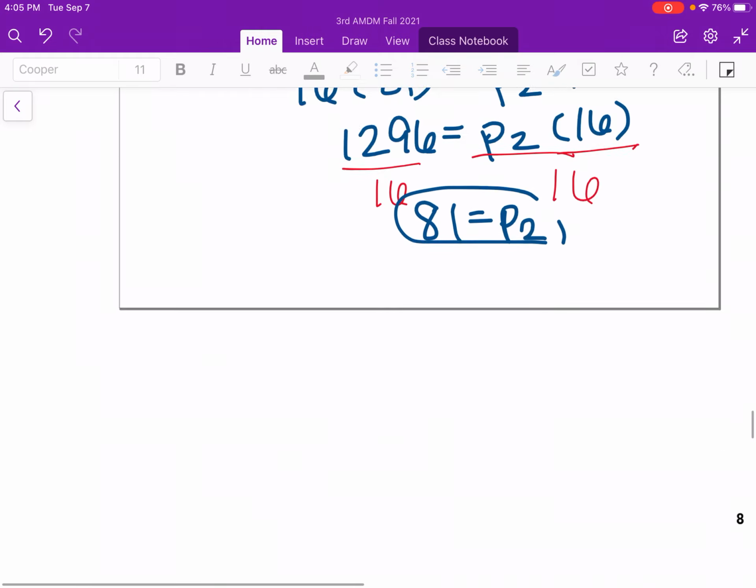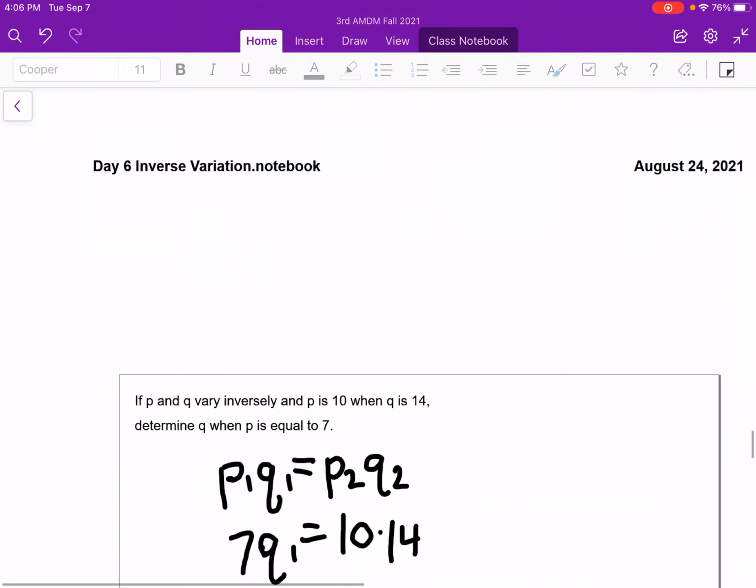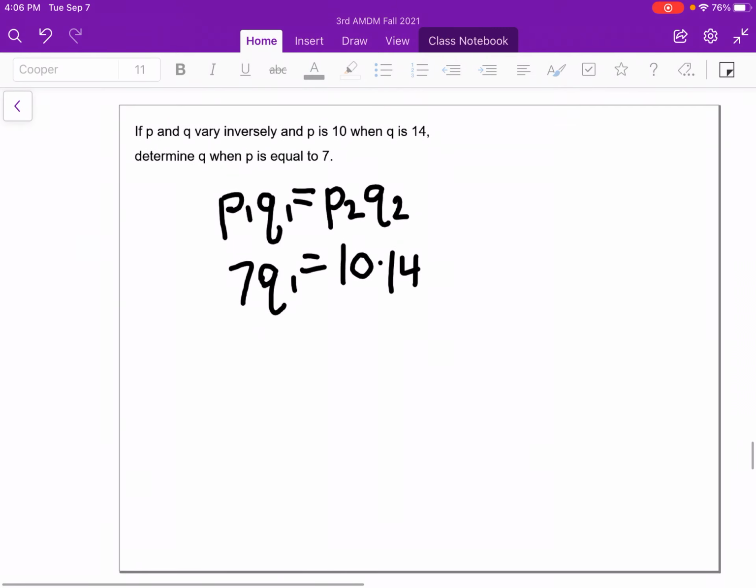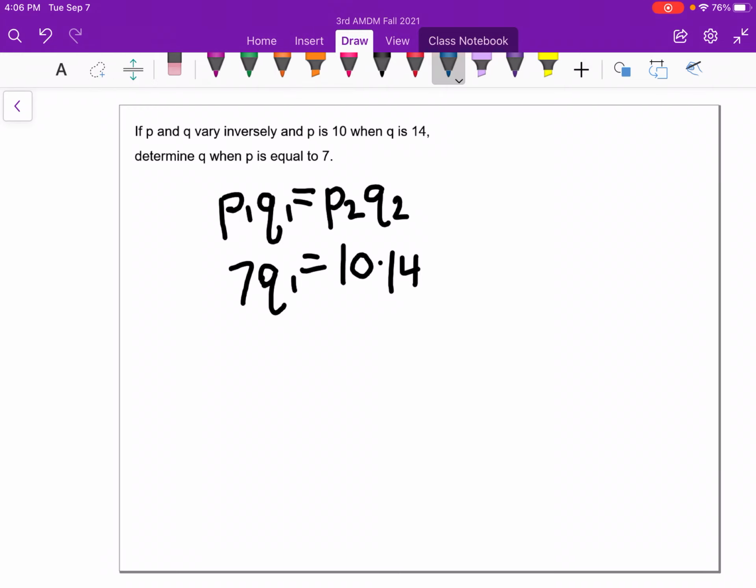They just say that they vary inversely. So p is 10 when q is 14. Determine q when p is equal to 7.